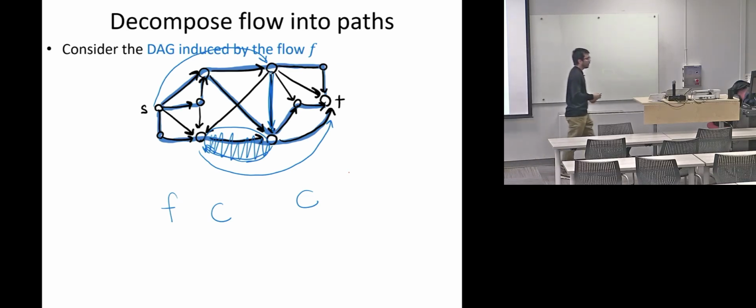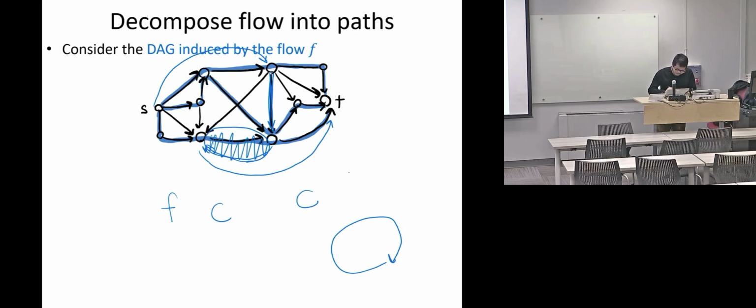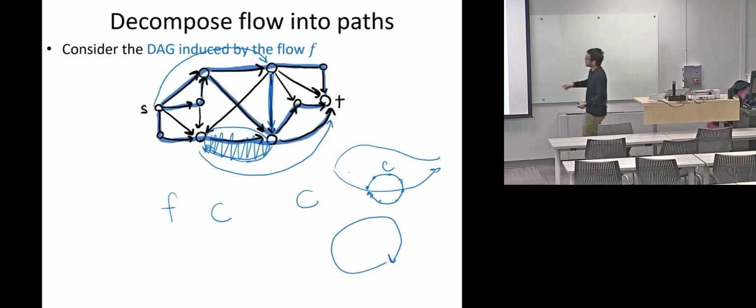Well, when you remove a cycle, a cycle is a subgraph such that the in and out degree of every node is the same.